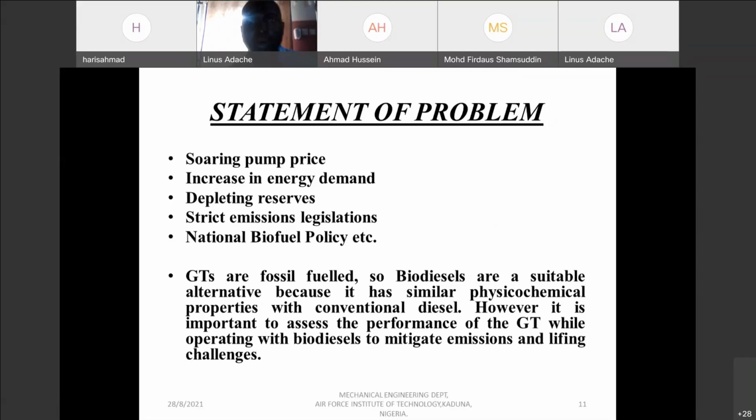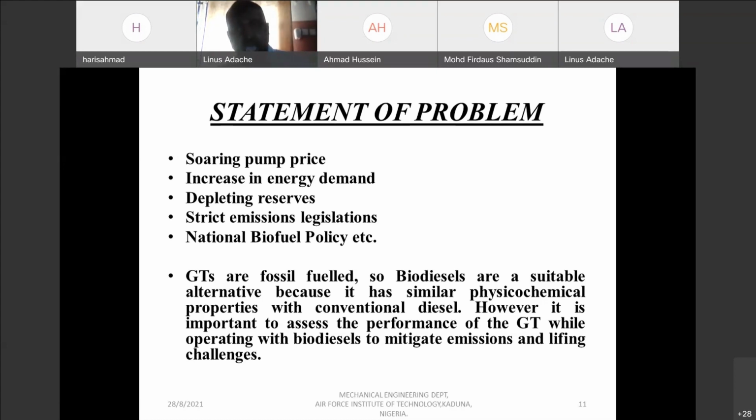Statement of problem. The following can be looked upon: soaring pump price, increase in energy demand, depleting reserves, strict emission regulation, national biofuel policy, etc. Gas turbines use fossil fuel.